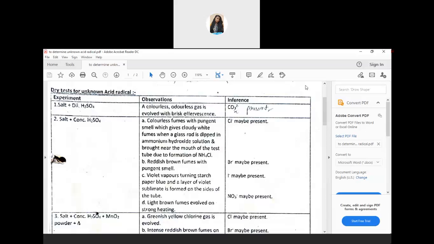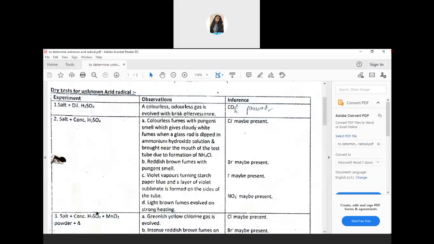An observation may or may not come, because if carbonate ion is present, then you can observe it.